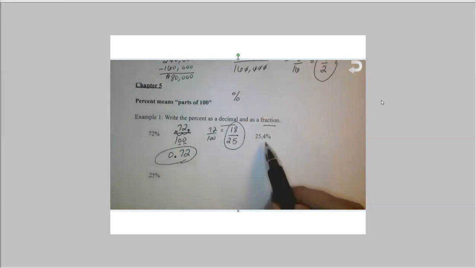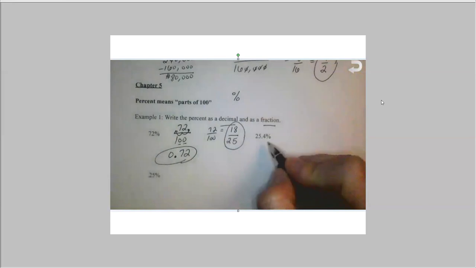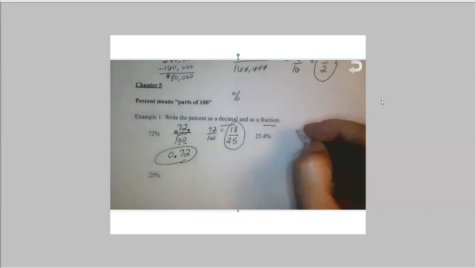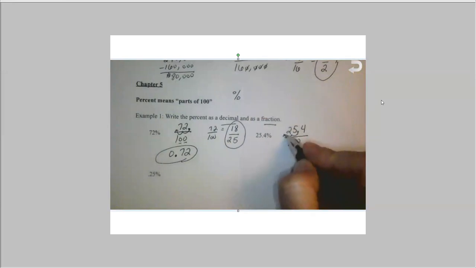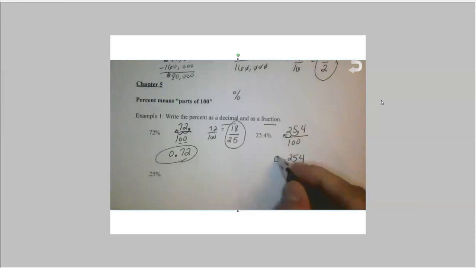This one is a decimal. To turn a percentage into a fraction, you drop the percent label and divide it by 100. Dividing by 100 shifts that decimal over 2 spaces to the left. So that's 0.254. You can put a 0 in front. That's fine. That's the decimal.